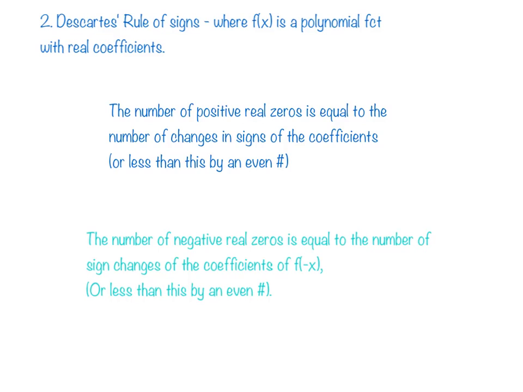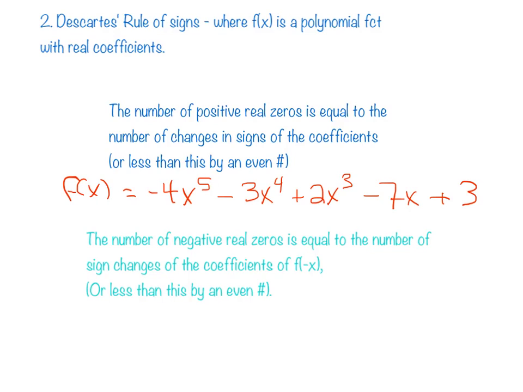So in f of x, let's say that we have negative 4x to the 5th power minus 3x to the 4th plus 2x to the 3rd power minus 7x plus 3.